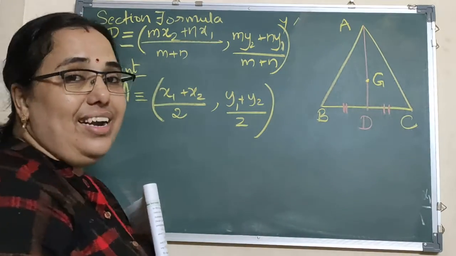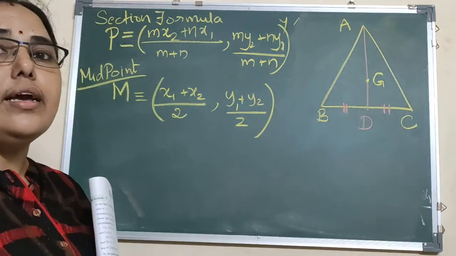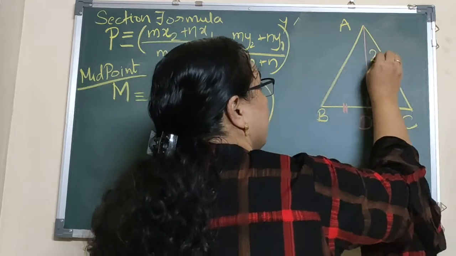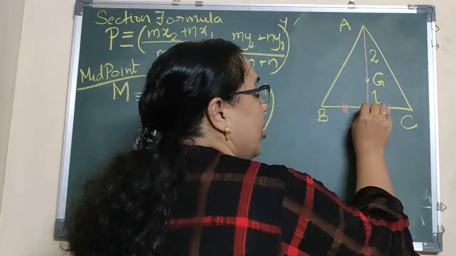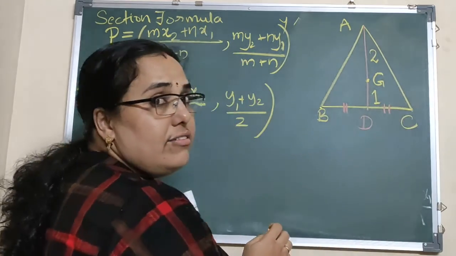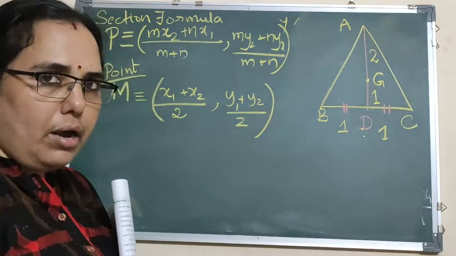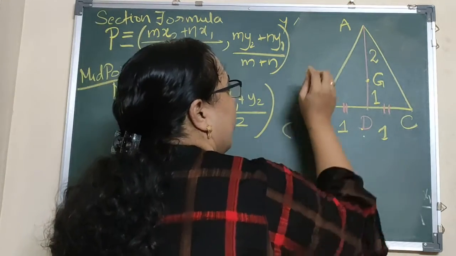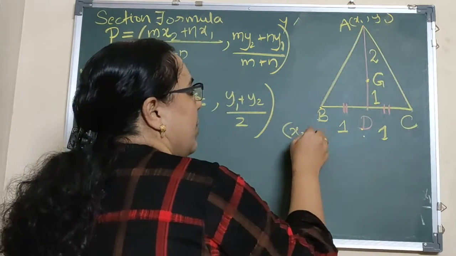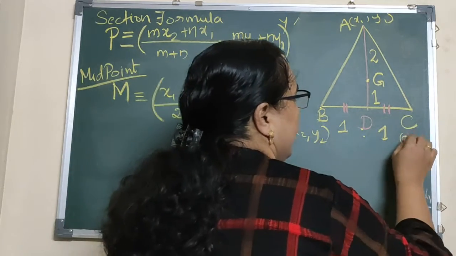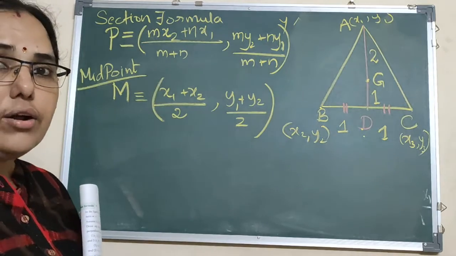So what does the property tell us? The centroid divides the median in the ratio 2:1. Correct? And as said, D is a midpoint, so D divides BC in the ratio 1:1. Keeping this in mind, if I have A as x1, y1, B as x2, y2, C as x3, y3, how can we find the coordinate of G?